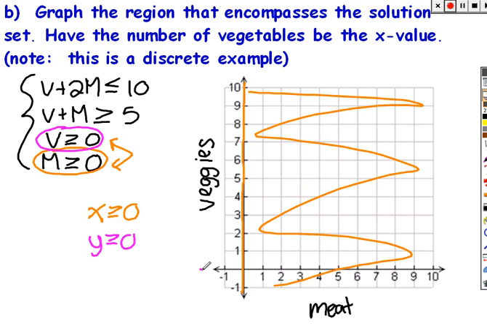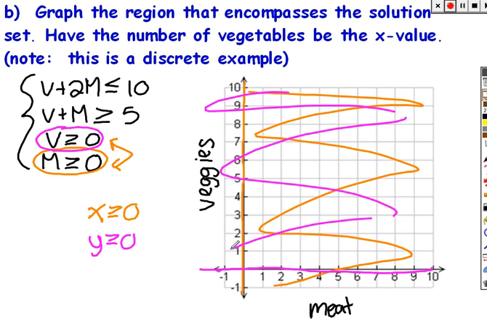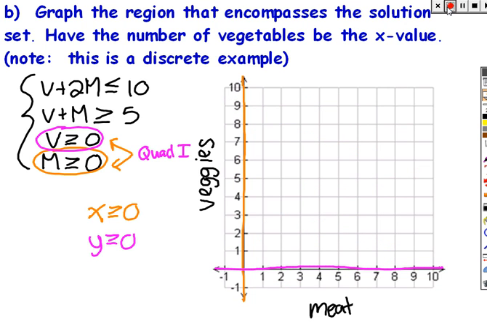So here's the line y equals 0, and I'd shade anything above. And where's the overlap? The overlap's really in quadrant 1. So just for the sake of not making this too messy, just note that my solution set should be somewhere in quadrant 1, so I'm going to erase the shading.